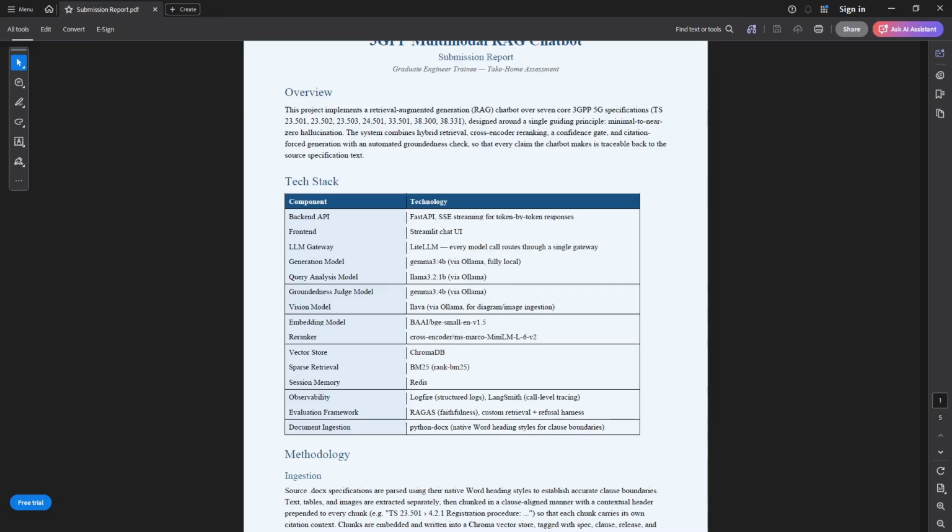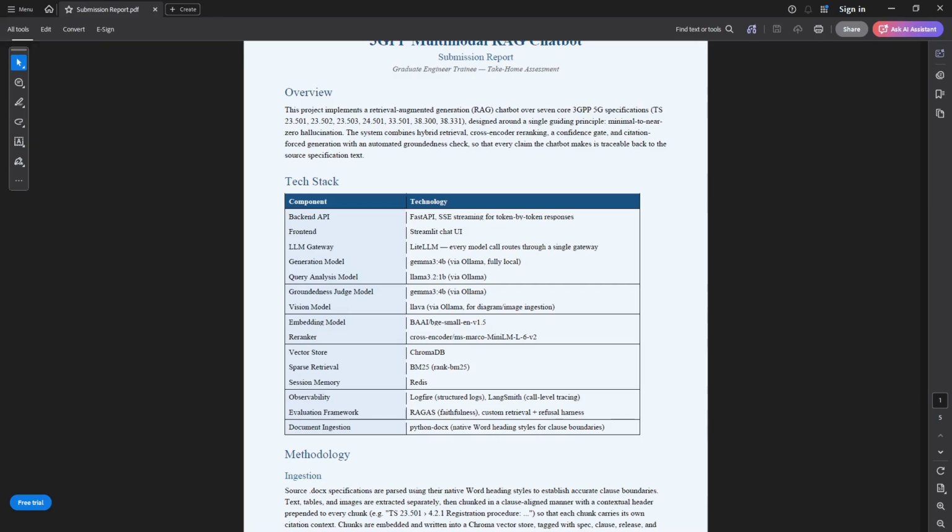The retrieval is a combination of semantic search and a BM25 keyword search. So it's a hybrid searching technique. And on top of that, we're using a BGE embedding model and a cross-encoder re-ranker as well. And our vector data is stored in the Chroma vector store as well.